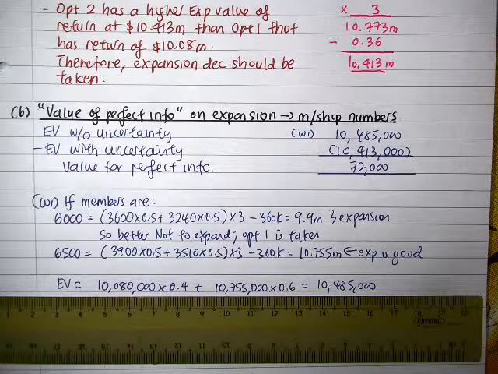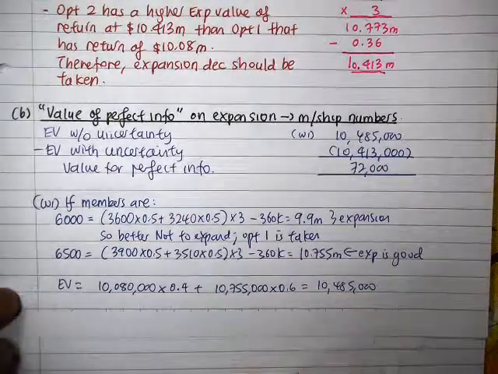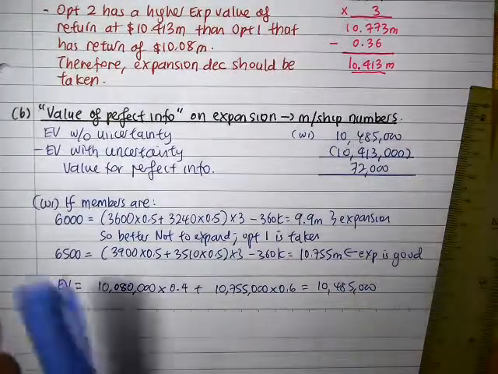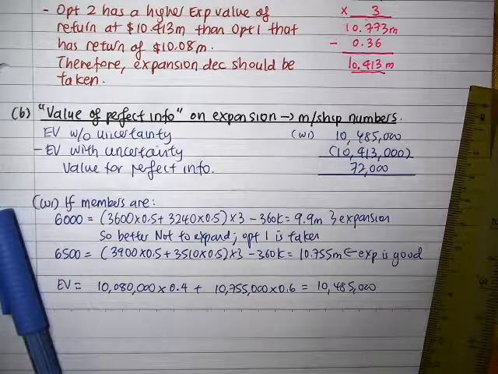Okay? Now this is part B, the last part of the requirement they ask you. Now discuss the problem of using expected value for decision of this nature.